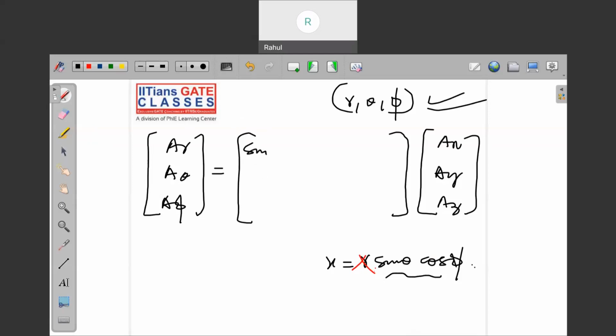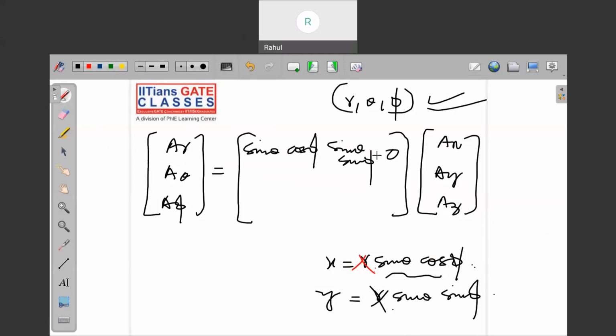Next, y is equal to r sine theta sine phi. Again drop r: sine theta sine phi. Not 0 here, there will be a z component, because the z component is also present. Z is equal to r cos theta. Please write cos theta here.